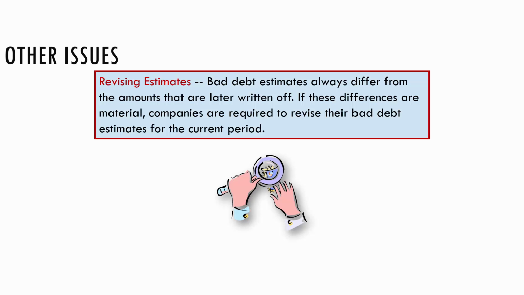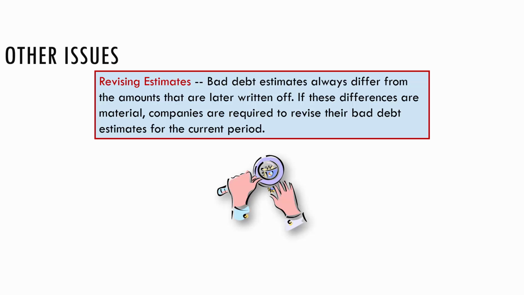Generally, a company is not going to be exact with an estimate, because if you knew it, then you wouldn't be making the sales to those customers, would you? If you really knew which ones weren't going to pay you, you wouldn't make the sale, because you're never going to get the cash. So we know we're not going to be exactly right. We don't have a crystal ball, so it's okay.